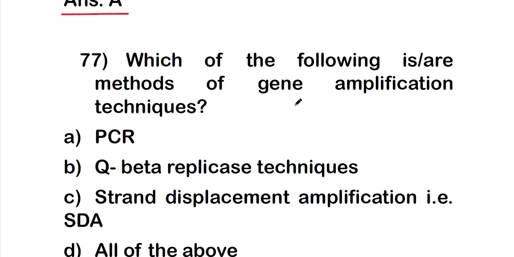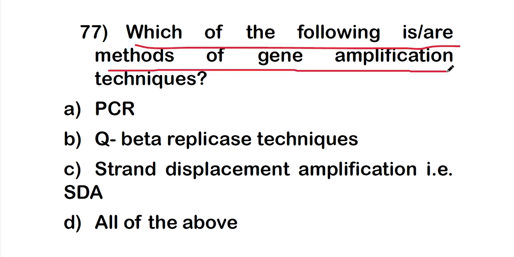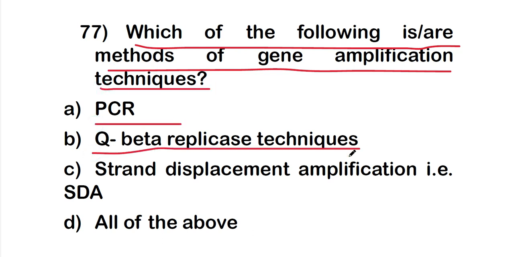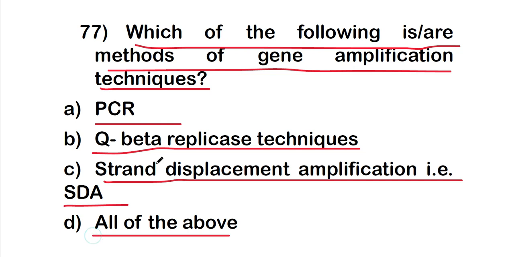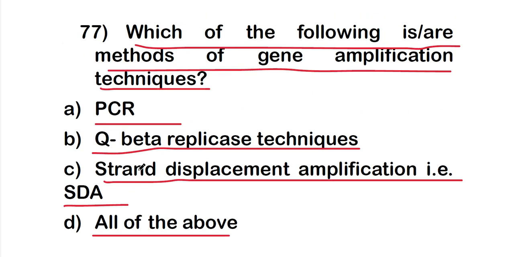So next we will see, next is 77, that is which of the following is or are methods of gene amplification techniques, and the options are option A PCR, option B Q beta replicase techniques, option C strand displacement amplification, that is SDA, or option D all of the above, and the right one is option D, that is all of the above are right.